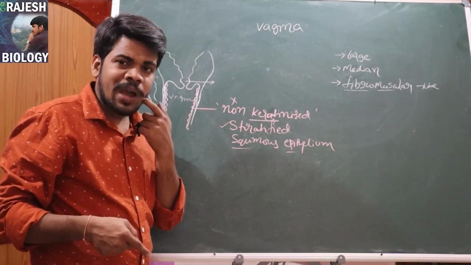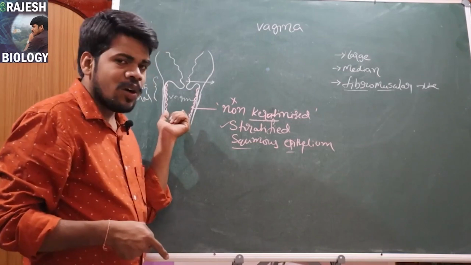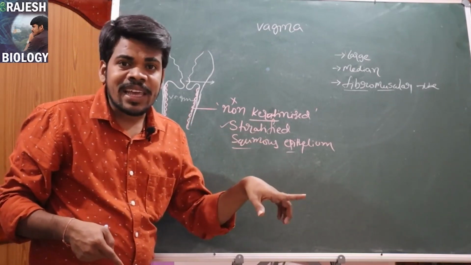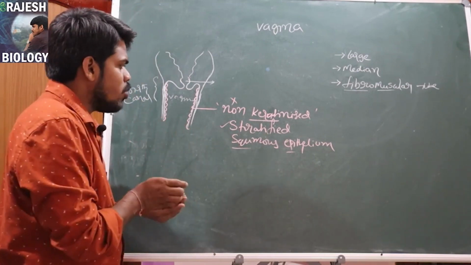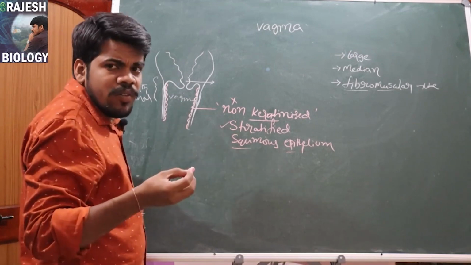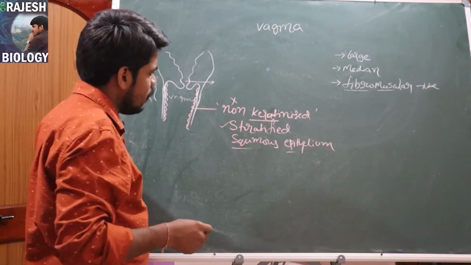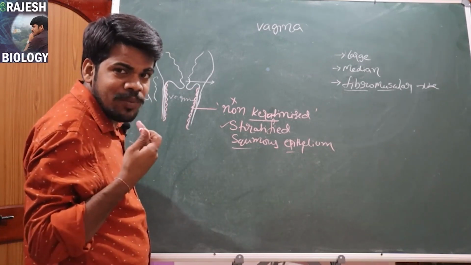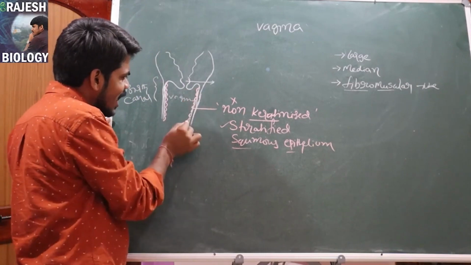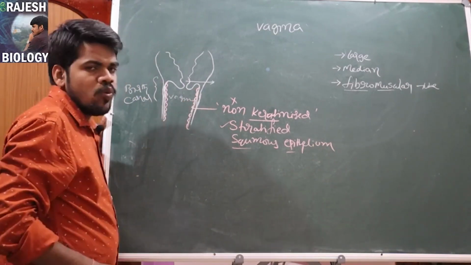That's why our oral cavity and vagina are all lined by non-keratinized stratified squamous epithelium, so the vagina secretes mucus and is always wet. Our oral cavity is also wet because it is non-keratinized.